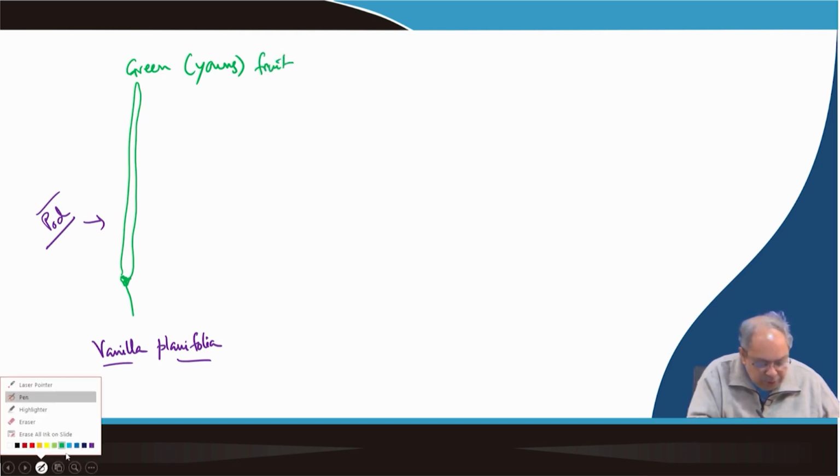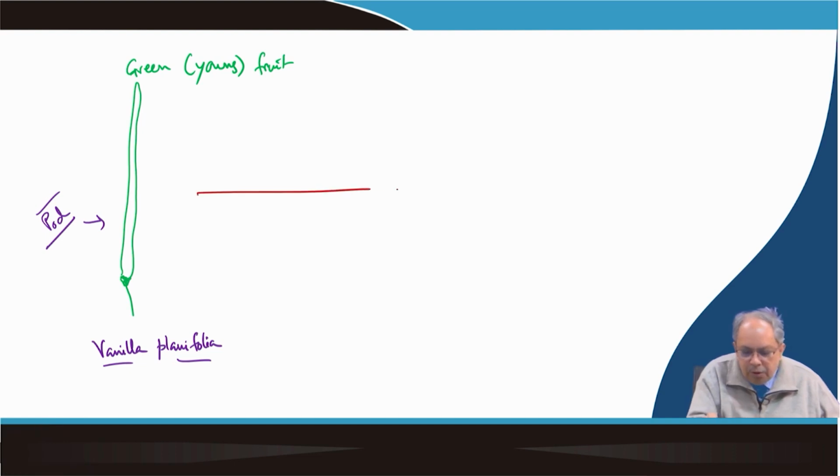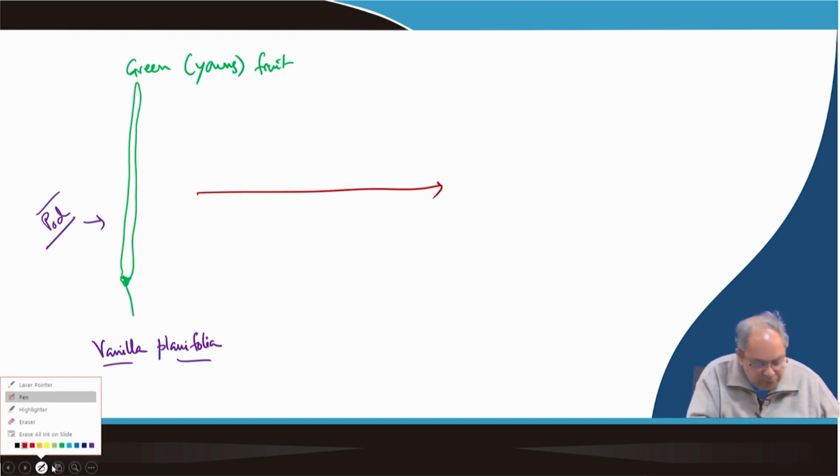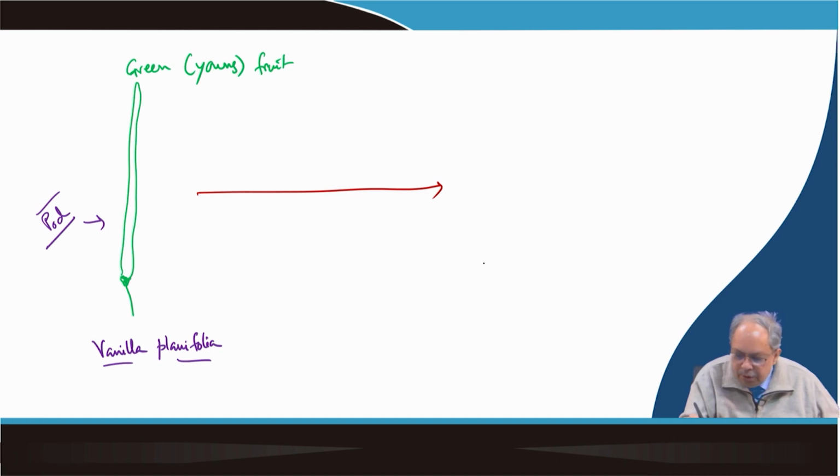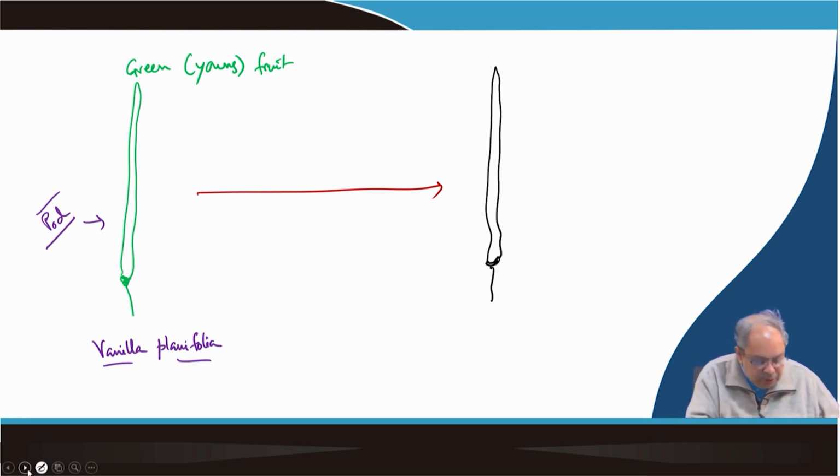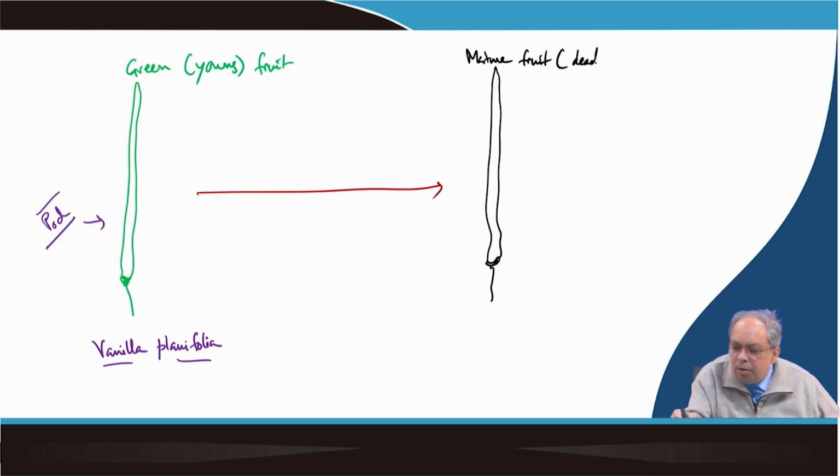This fruit with age converts into a mature fruit, and then eventually it will die. So, the green becomes black in color. This is what we call the mature fruit, which is now dead. That is why it is black in color.